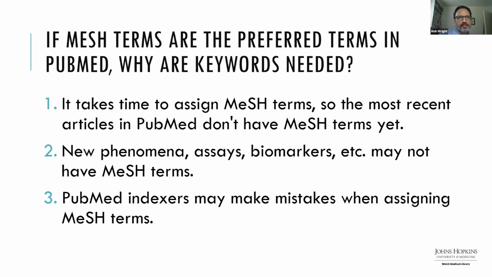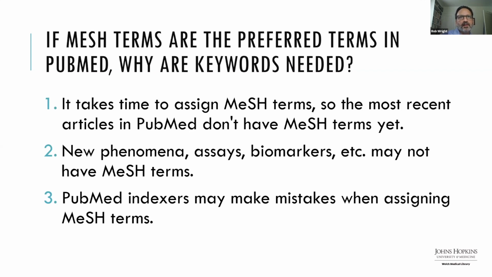And there are human indexers that are doing the work of assigning MeSH terms. As I understand it, there's machine learning or machine-aided tools that help these humans, but nevertheless, there is a delay. And so if you just use MeSH terms, you're going to miss the most recent scholarship on a topic.